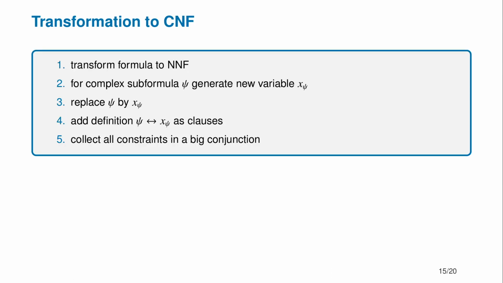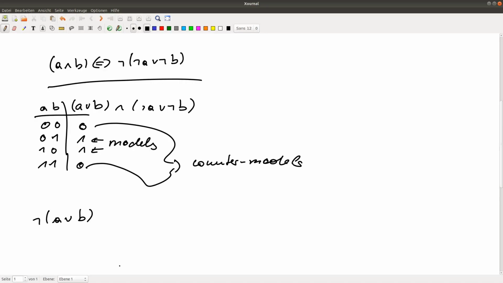Okay, and if I am given an arbitrary formula, the question is now how to transform it to CNF. This I would also like to quickly show you. In the first step I transform it to NNF, and here the problems already start. I could simply do it by using the rules we have seen before, and multiply things out.